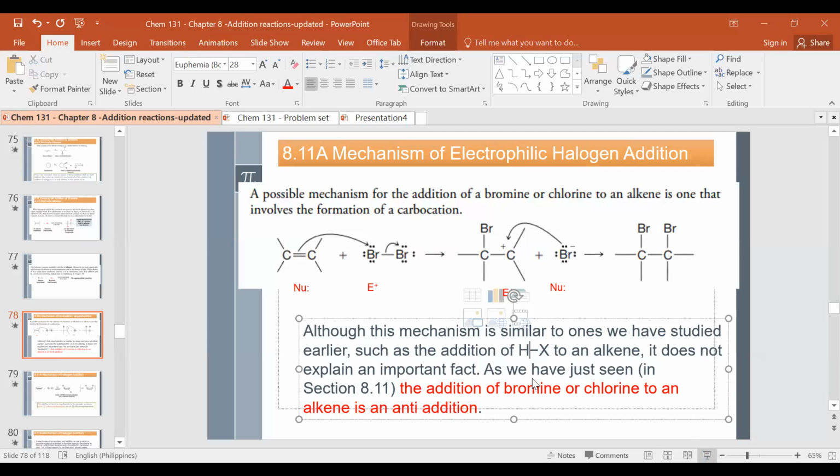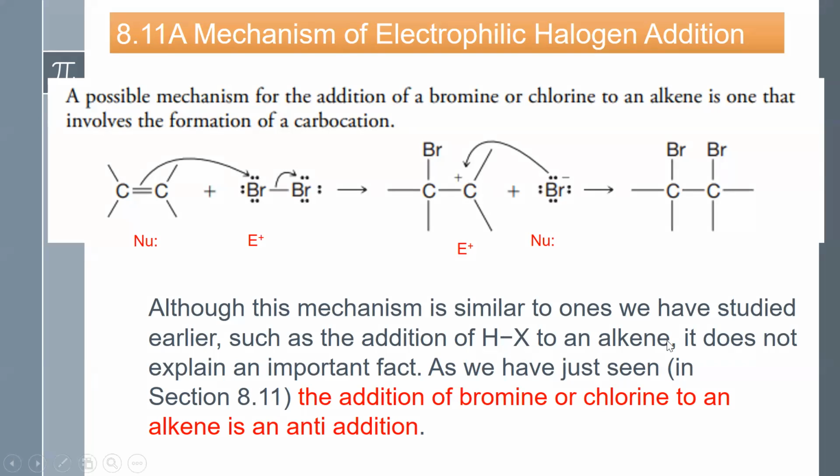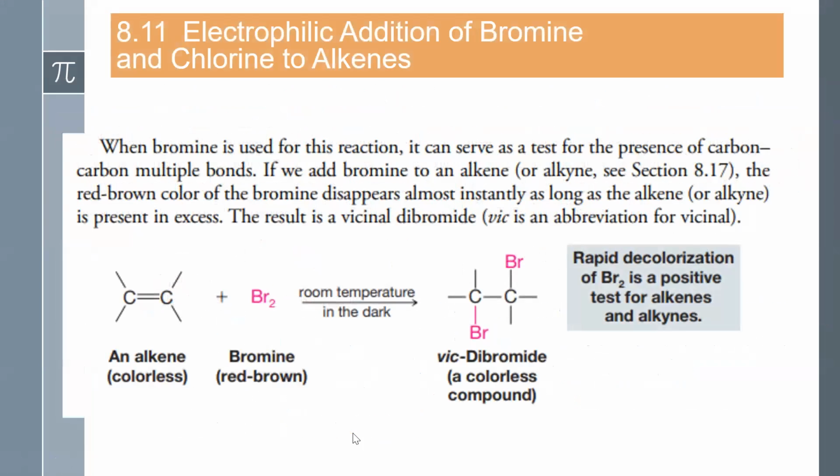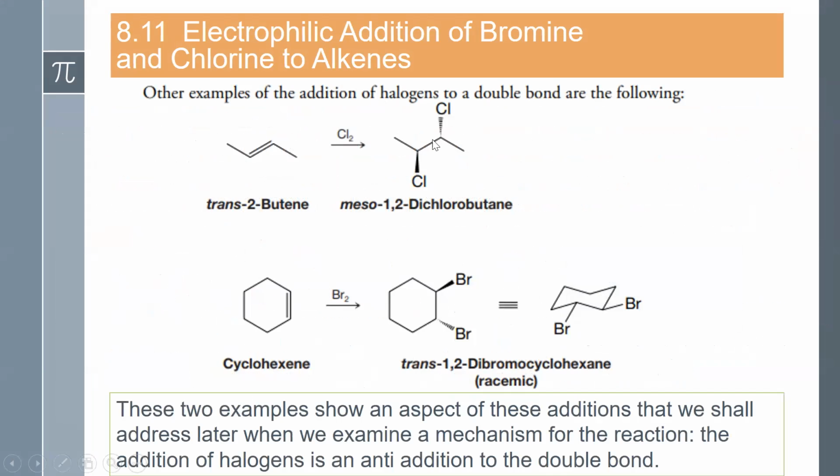The addition of HX, the hydrogen halide, to an alkene does not explain an important fact. So we'll discuss here the mechanism. The addition here is actually an anti-addition. You notice in the previous example they are on opposite sides. For example, the stereochemistry here is different.